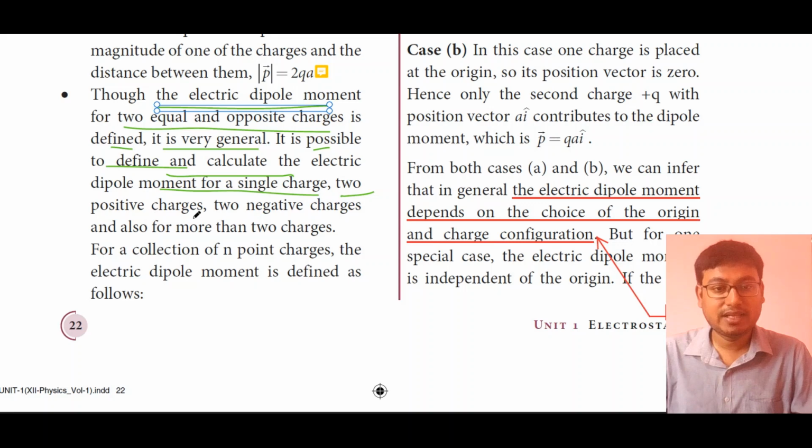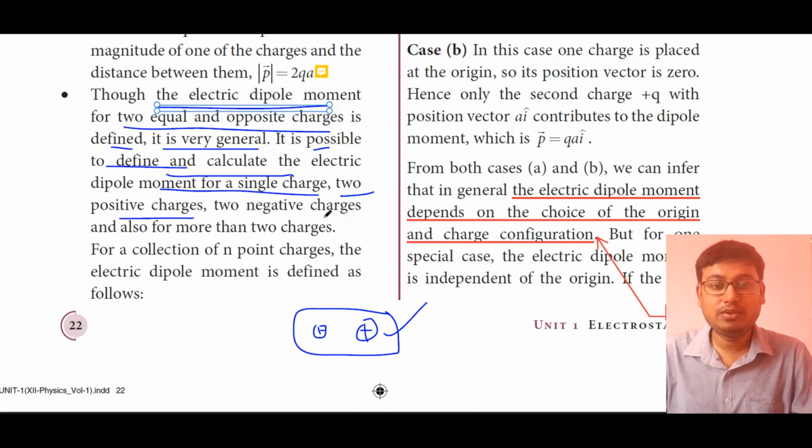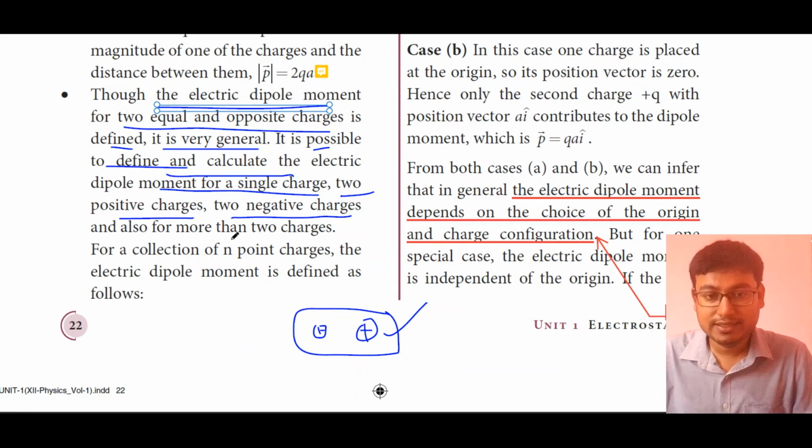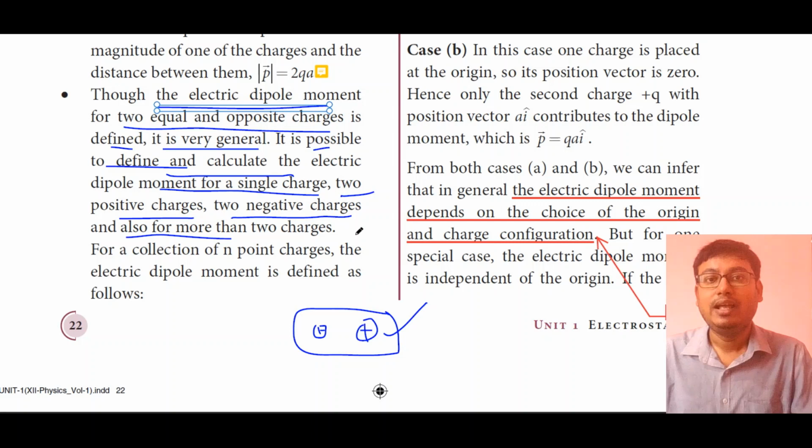Two positive charges also we can find. Earlier we took a positive charge and a negative charge separated by a small distance, but even if we have positive charges at two places, we can calculate it. We can also find the dipole moment because of negative charges, for two charges or more than two charges. About the superposition principle, we have seen earlier.